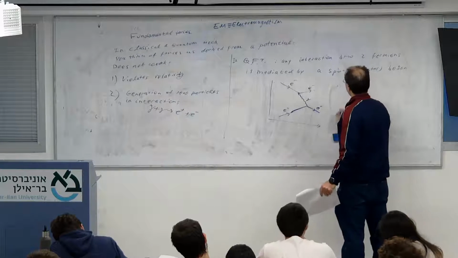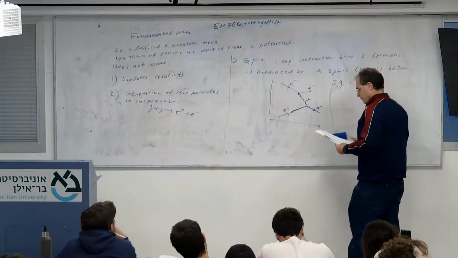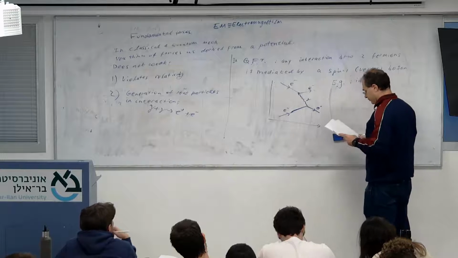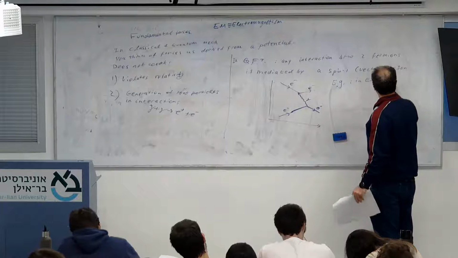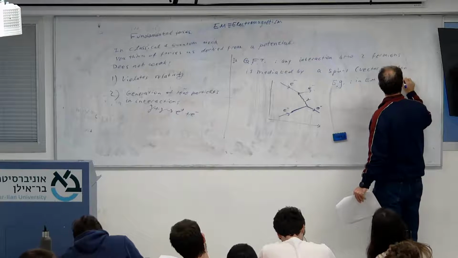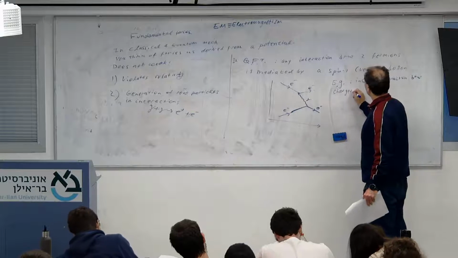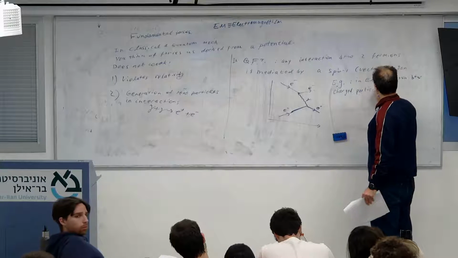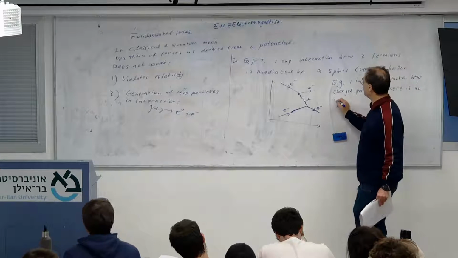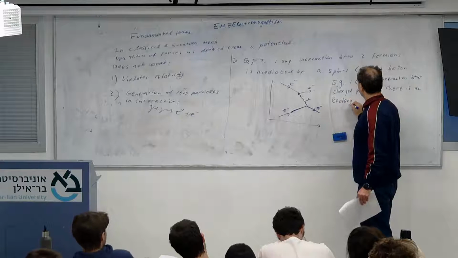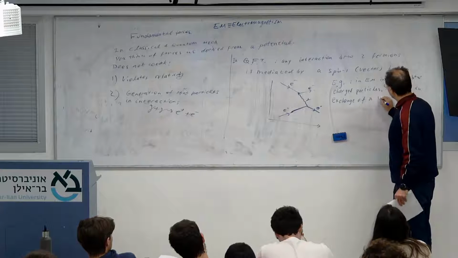So we say, for example, in electromagnetic interaction between charged particles, there is an exchange of a photon, but I am emphasizing this is a virtual photon.